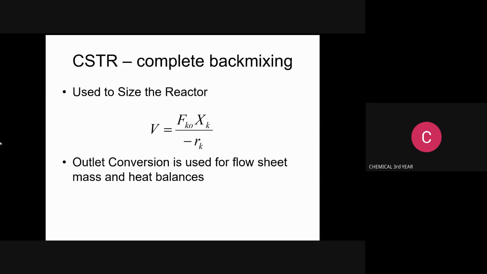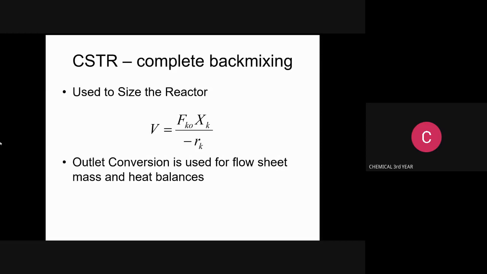In the CSTR, complete back mixing happens for all the reactions. At that time, we have to consider two factors, as I told you previously: size of the reactor and outlet conversion. Okay.